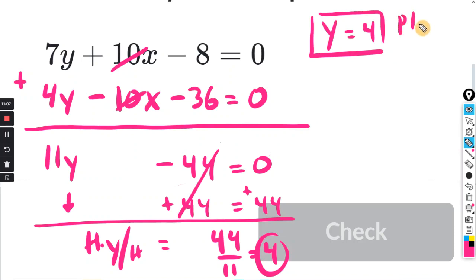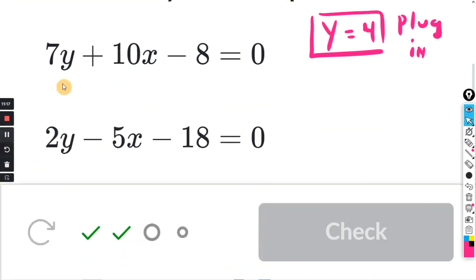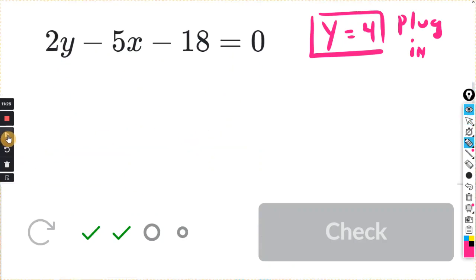You want to take that and plug it in. All right, we said either equation is fine, so I'm going to erase this mess here. You can plug it in either one. Since I'm plugging in y and 2 is easier to work with than 7, I'm going to go with this equation right here. All right, y equals 4.